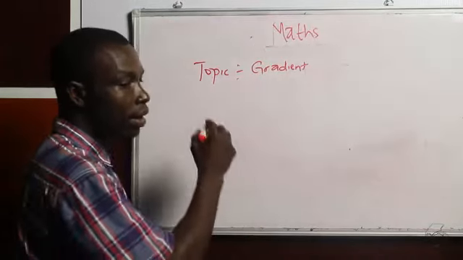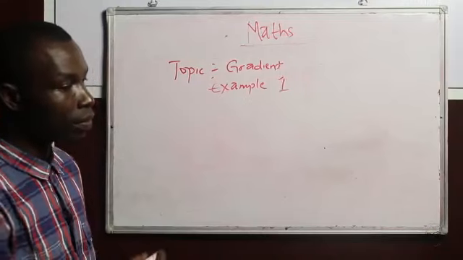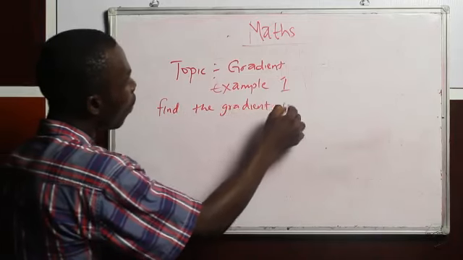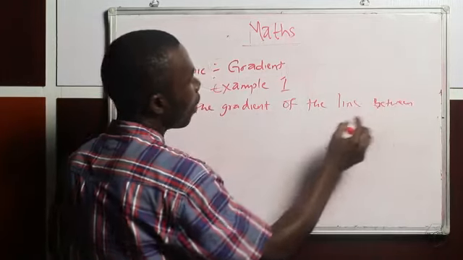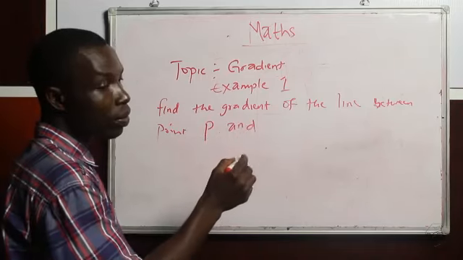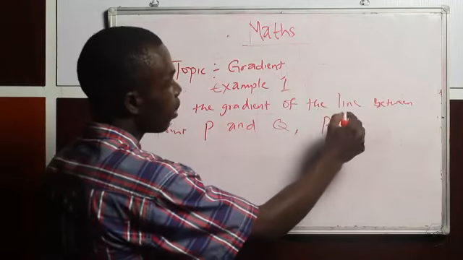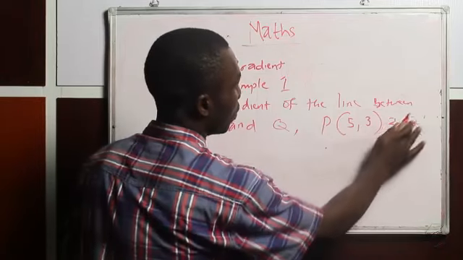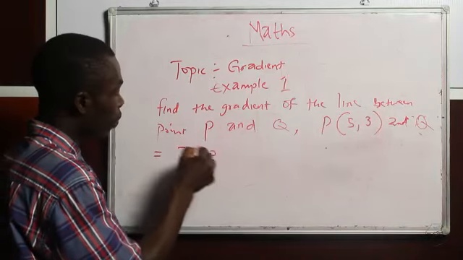Let's consider this example. Example 1. Find the gradient of the line between point P and Q, where P is 5,3 and Q is 7,10.